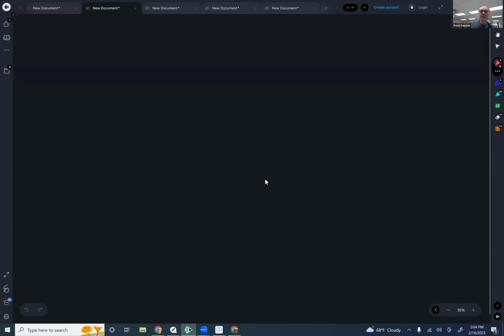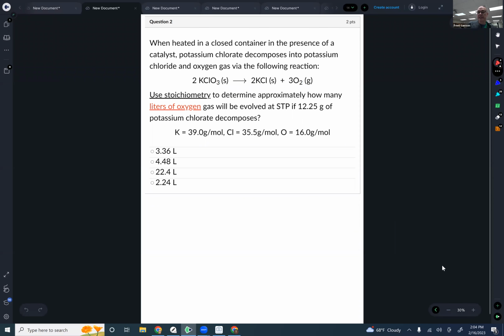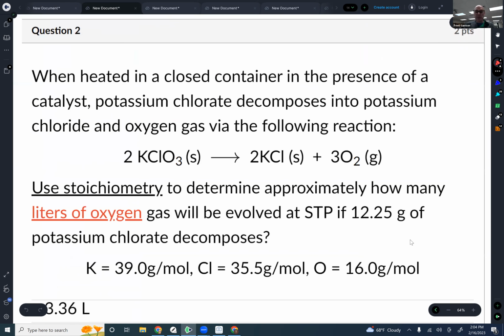So on number 2, it's another stoichiometry problem, but this time we've got different units. Same reaction, same starting material, 12.25 grams, but it's asking us how many liters of oxygen. So we've already set up our value, 122.5 was the weight over here, times 2.